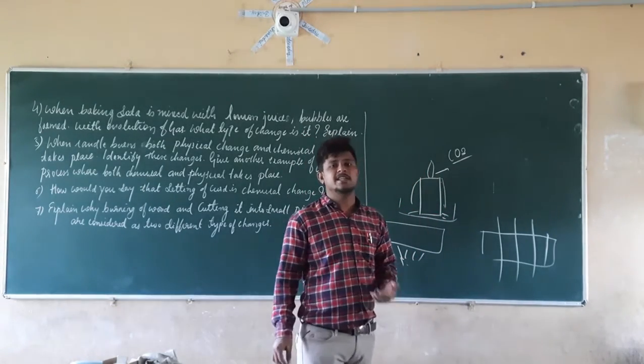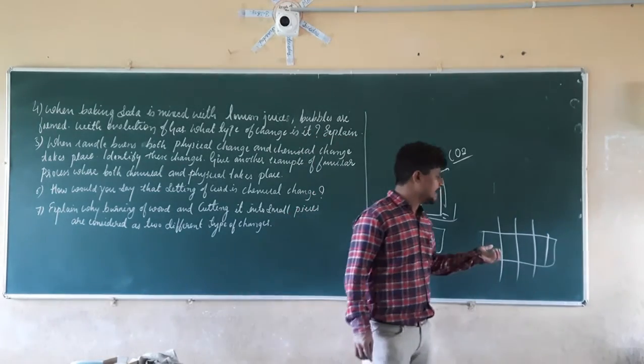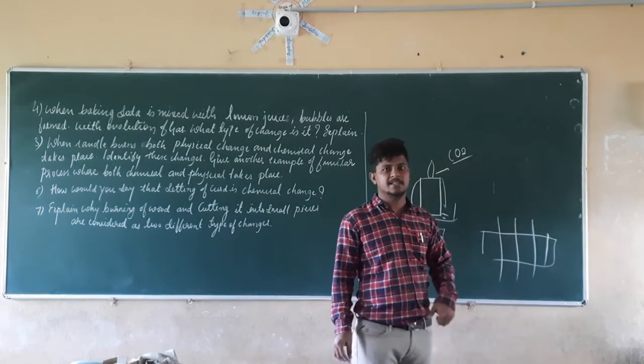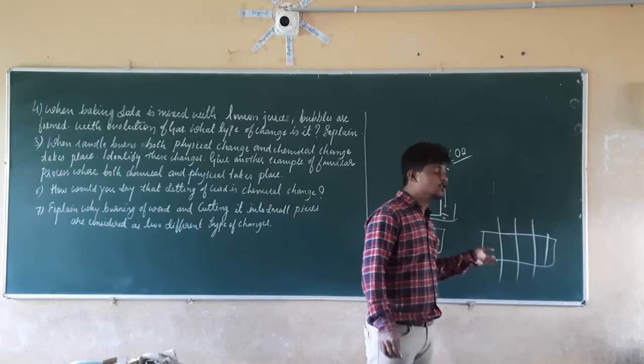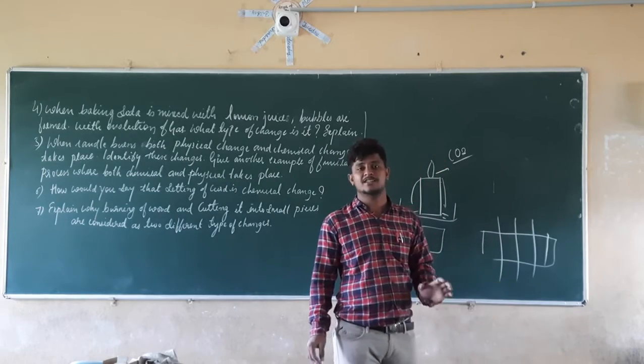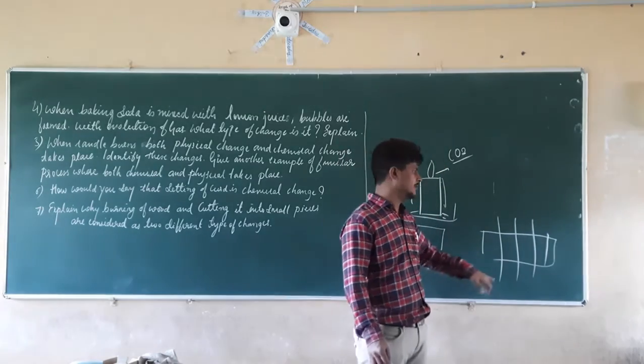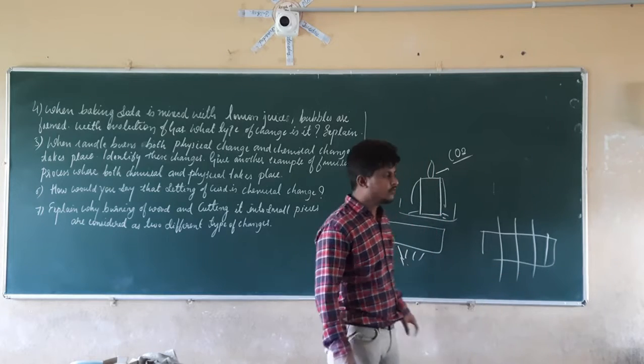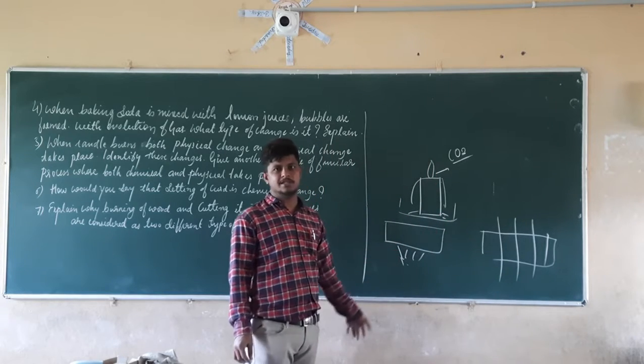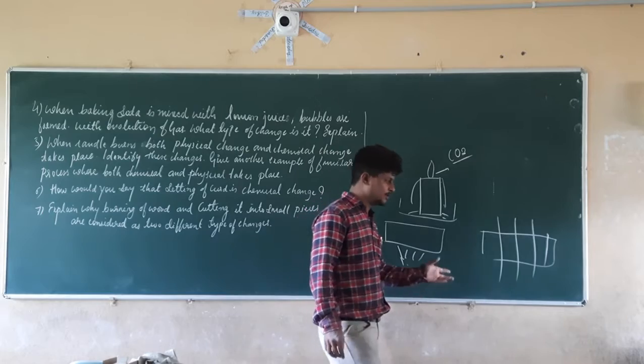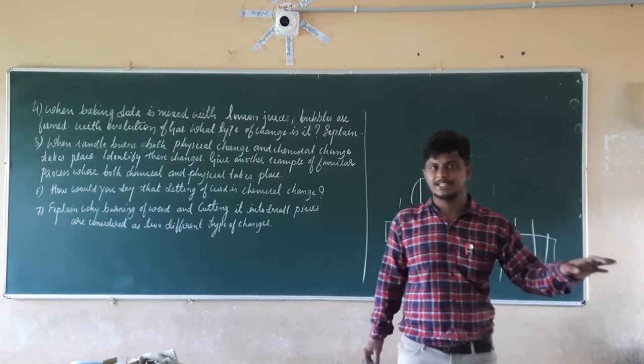We are not going to get any new products. If you are not getting new products, it indicates that no chemical change occurred. There is no new product formed, therefore it is known as a physical change. If a new product is formed, then it is a chemical change. If no new product is formed, then it is a physical change.